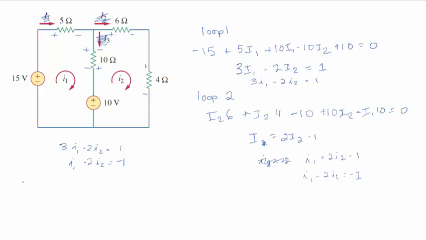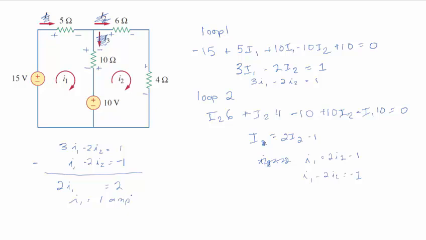I'm a little bit fond of adding or subtracting the two equations. So I'm going to subtract the second equation from the first, and I'll get 2I1. This one minus this one is 0, and 1 minus minus 1 is 2. I1 then equals 1 amp.